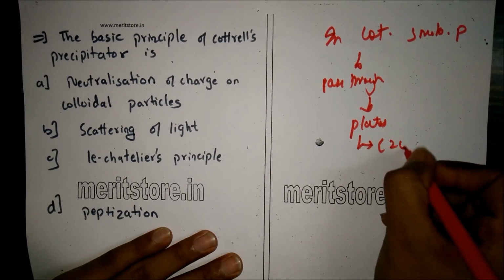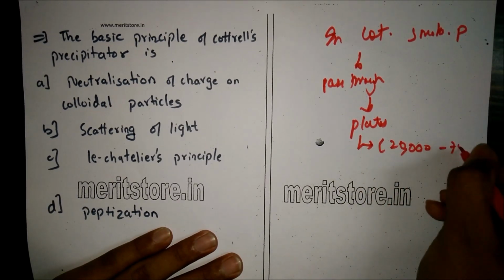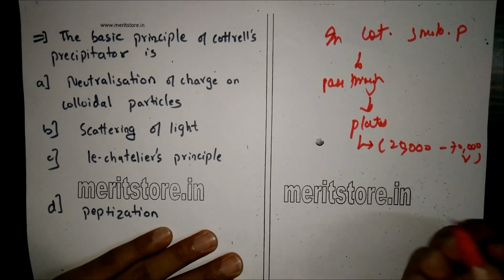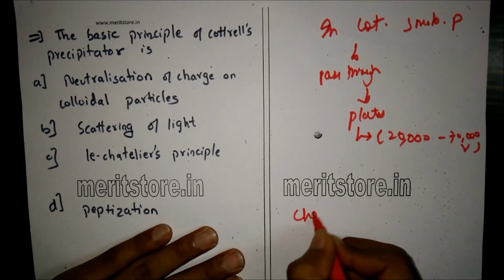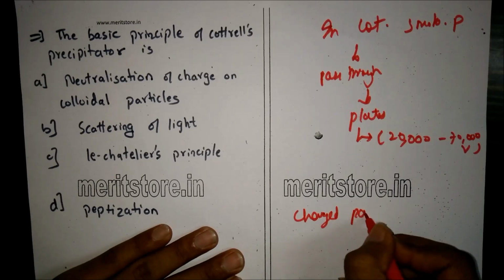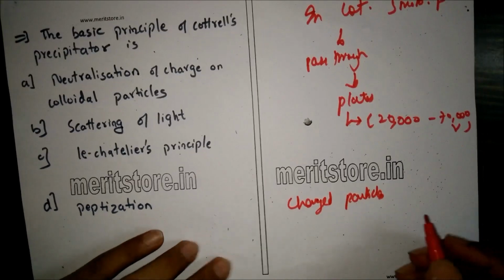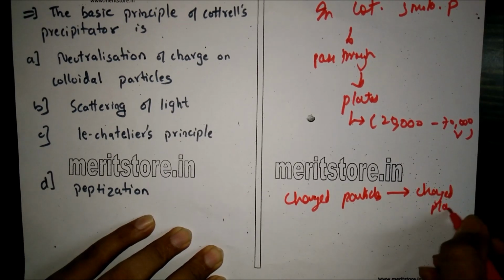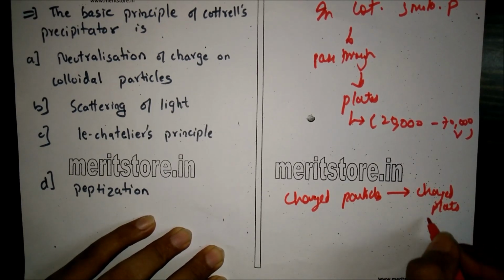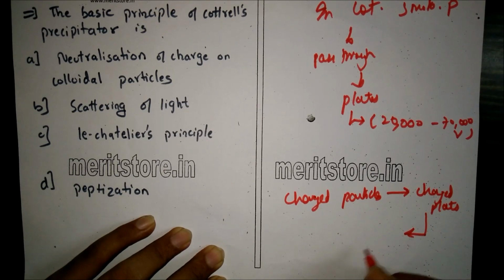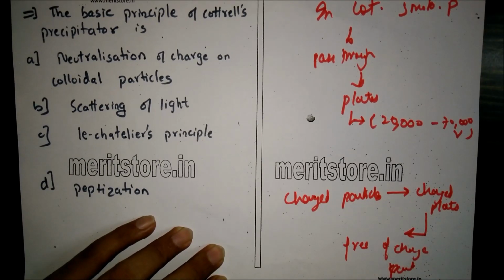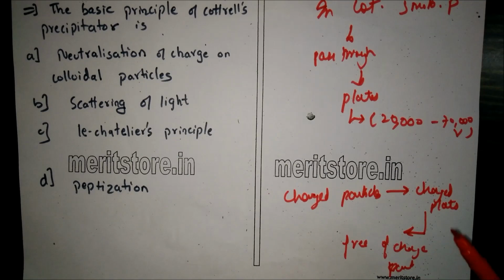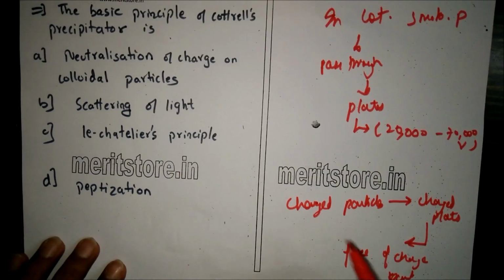The potential can be 20,000 to 70,000 volts. The charged particles of smoke get attracted by the charged plates, and the gases coming out of the chimney become free of charged particles. So basically, neutralization of charge on colloidal particles is done in this precipitator. Therefore, the correct answer is option A.